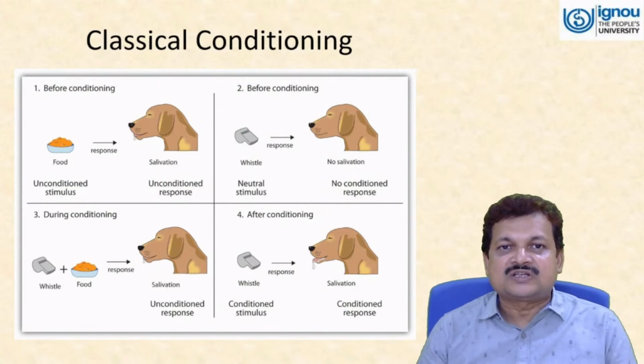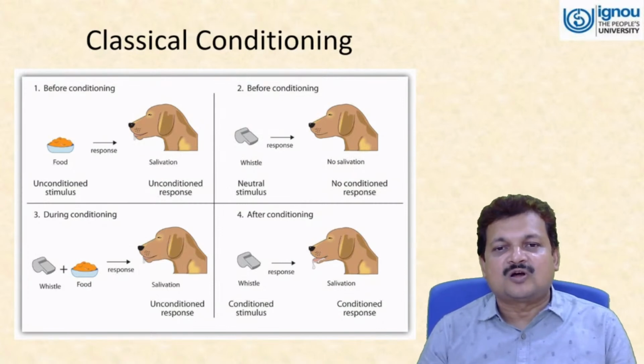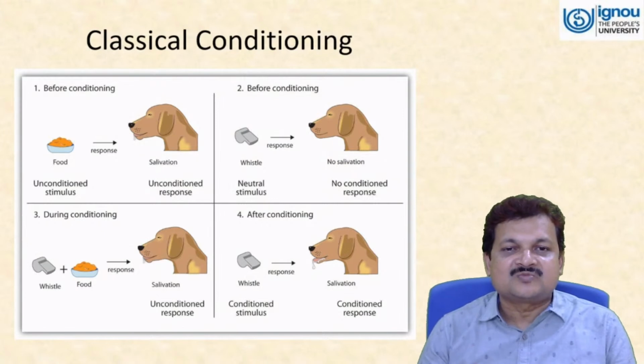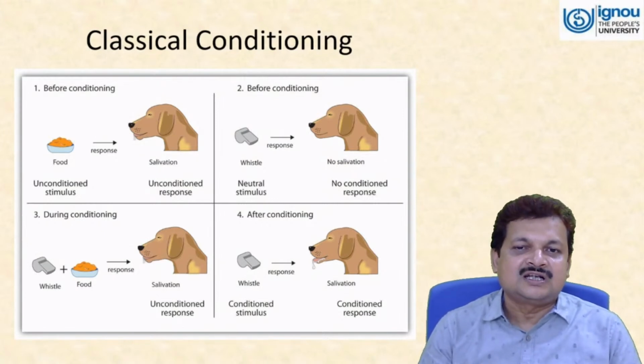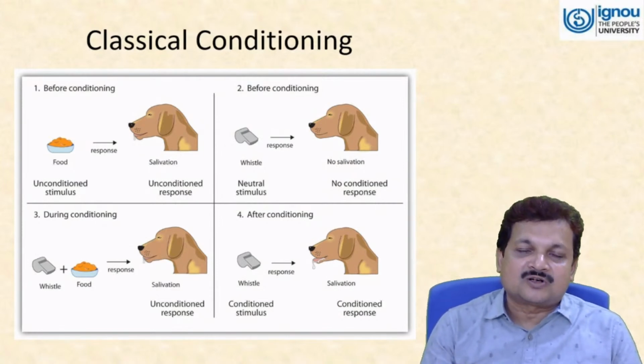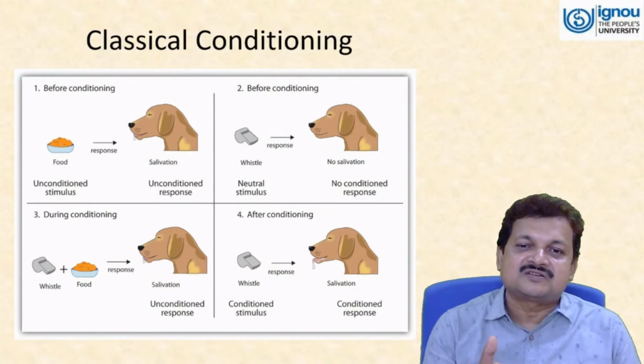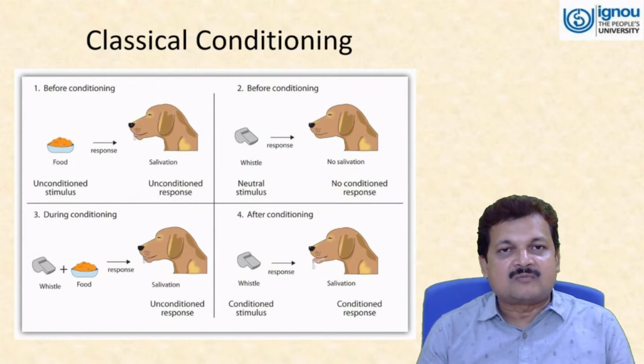He came to know that if somebody is blowing the whistle, the food will automatically come immediately after that. That's when the salivation starts. Here the conditioned stimulus is the whistle, and the conditioned response is salivating to the whistle. Neither is food available nor has the dog seen the food, but salivation is still there. That is the theory developed by Ivan Pavlov.